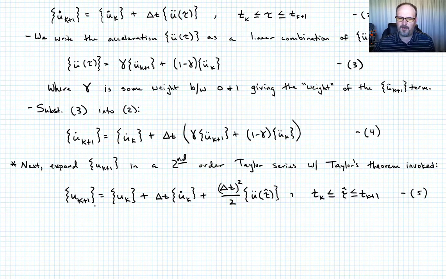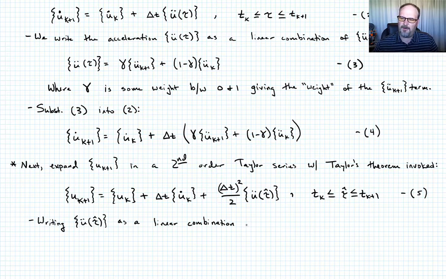We're going to do the same thing. We're going to write u double dot of tau hat as a linear combination. Instead of gamma now, we're going to call the weight 2 times beta. We get the following, right?